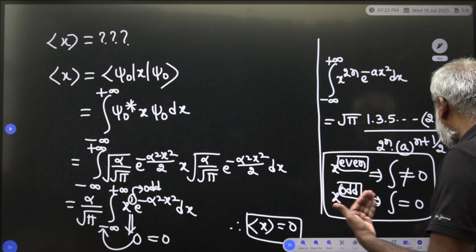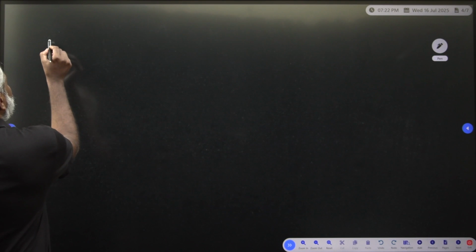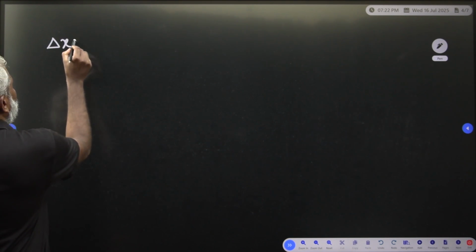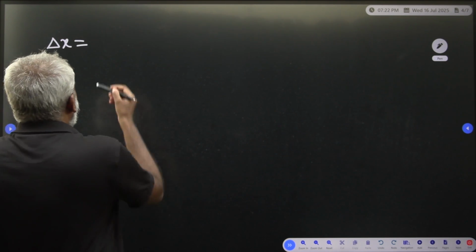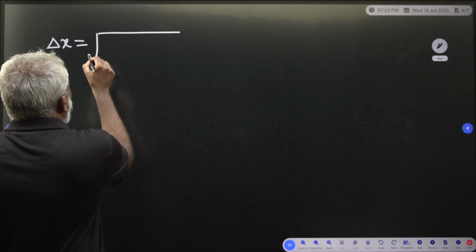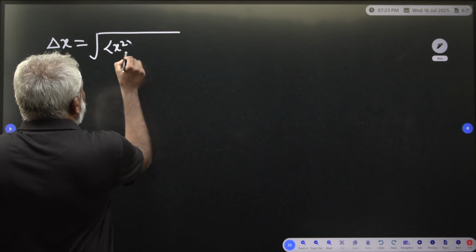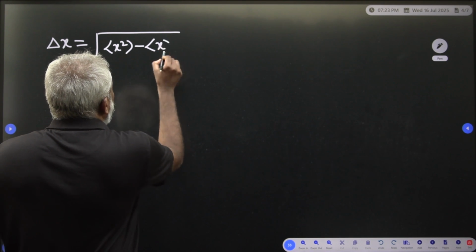Now, we need to calculate the uncertainty in the position. How do we calculate it? Delta x is equal to the square root of mean x square minus x mean whole square.